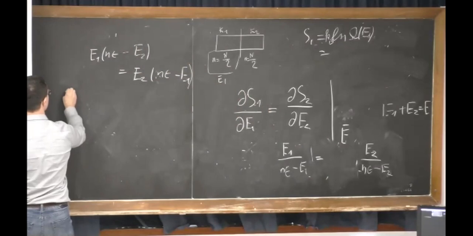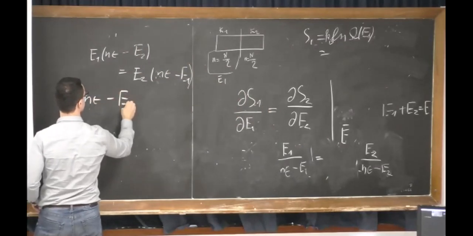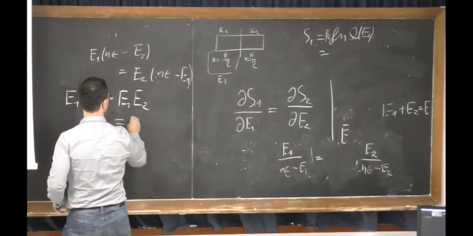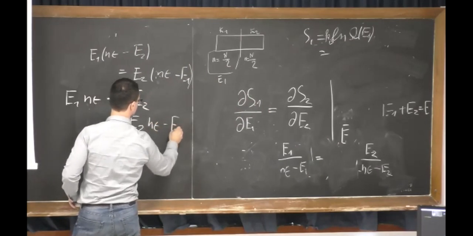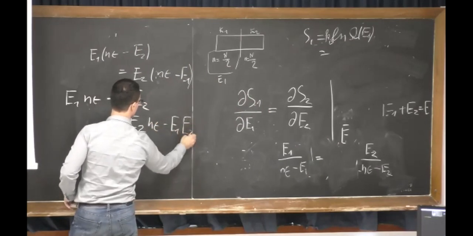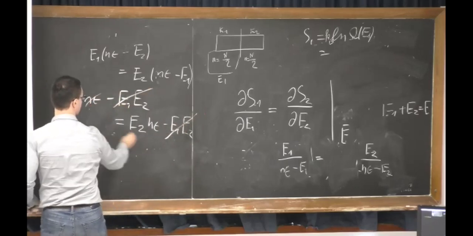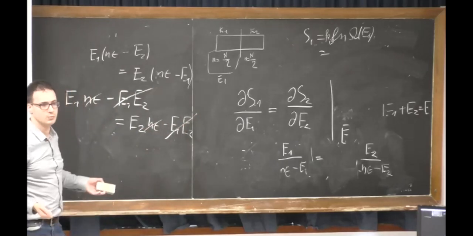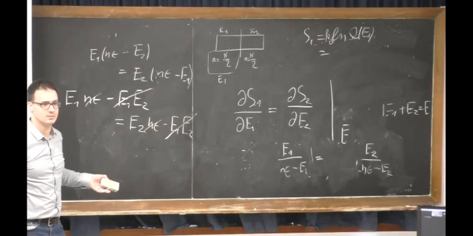We have E1 n epsilon minus E1 E2 equals E2 n epsilon minus E1 E2. This will cancel. This will cancel. What do we find? E1 equals E2. Given that E1 plus E2 equals E, you will find that the condition of E bar.